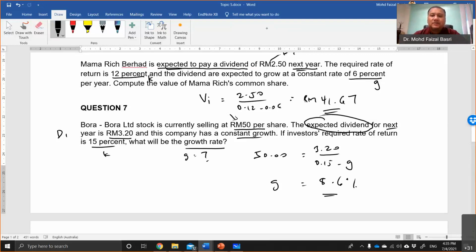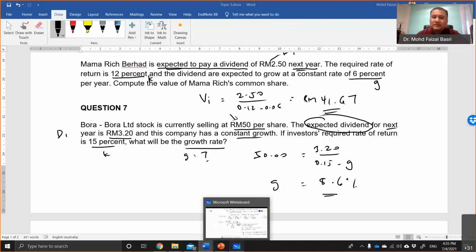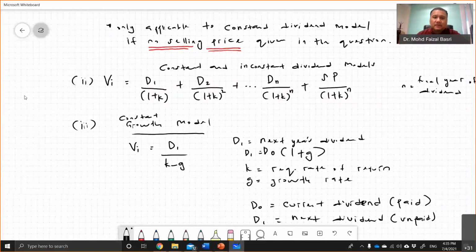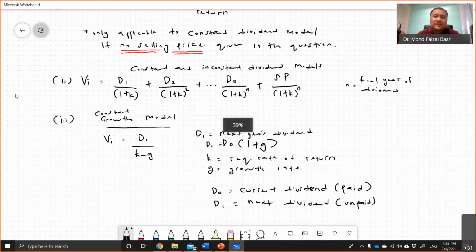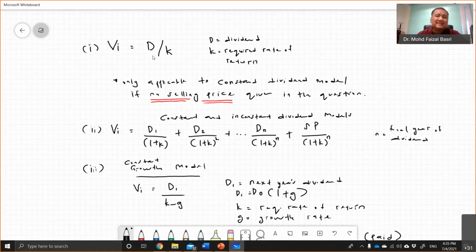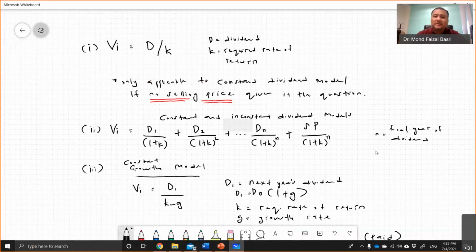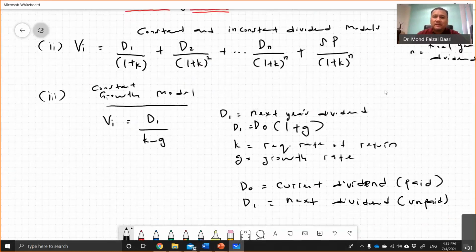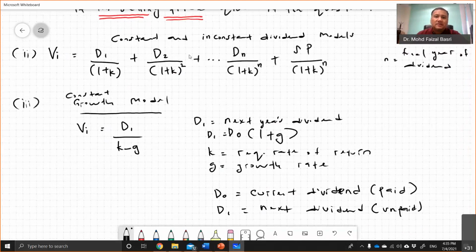Okay, so that's our first three models. Most of the time, seldom will they ask you if with no selling price. Most of the time, we just focus on these two. Constant and inconstant dividend model based on this formula.